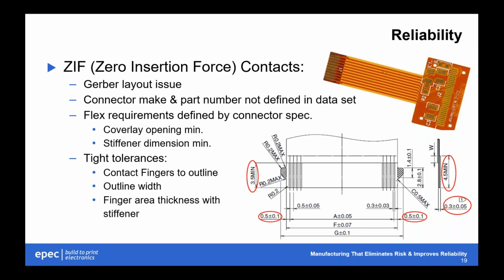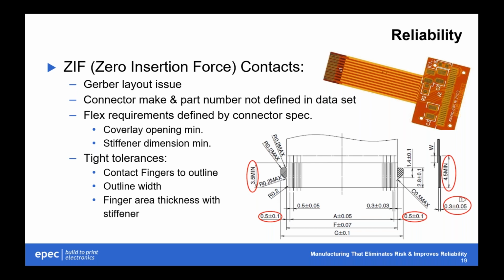The connector spec will define what the minimum coverlay opening is, what the minimum stiffener dimensions are, and also identifies some very tight tolerances. The alignment of the contact fingers to the part outline is critical.